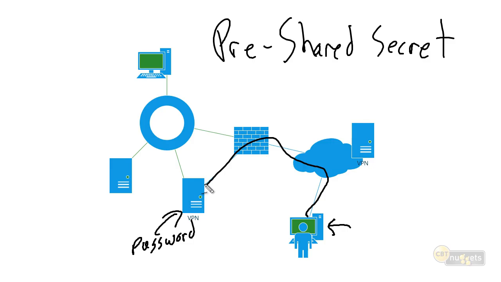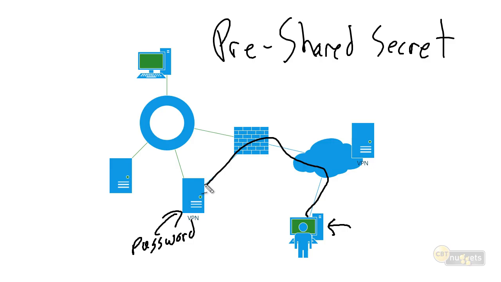Now, pre-shared secrets are easy to set up, and that's why people like them, because you type a word or a phrase into a text box and you click OK, and the problem is solved. The problem with a pre-shared secret is it is inherently less secure. For one, these little suckers are difficult to change. Once you've got that pre-shared secret deployed to 1,000 client computers, you are not going to be excited about going and changing it. So you've got 1,000 people, or however many clients you have, all using the same encryption key on the network, using the same password to identify themselves, and they're using it for a long period of time.